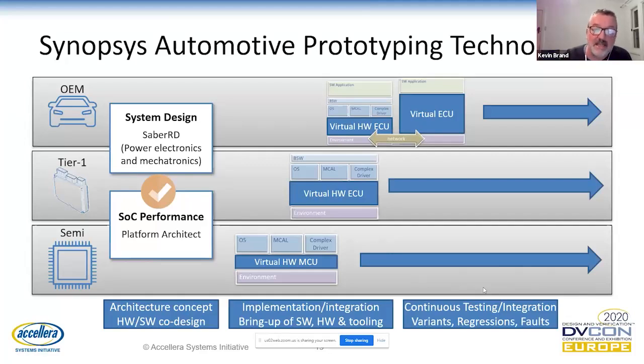Platform Architect can be used to evaluate KPIs, key performance indicators, in hardware, and allows you to do very early trade-offs, say at the semi level, as well as looking into things like hardware-software co-design, etc., basically targeted at the tier one and semiconductor. Next slide, please.